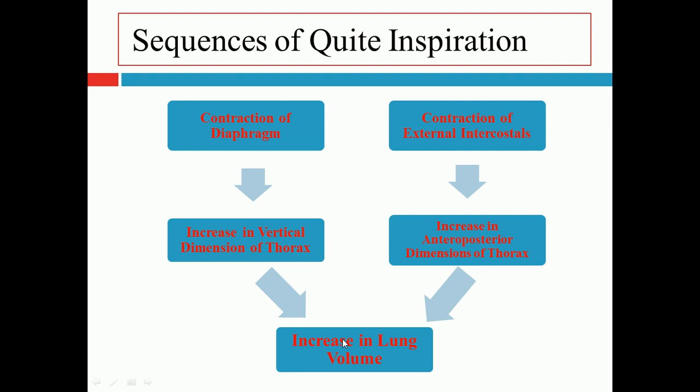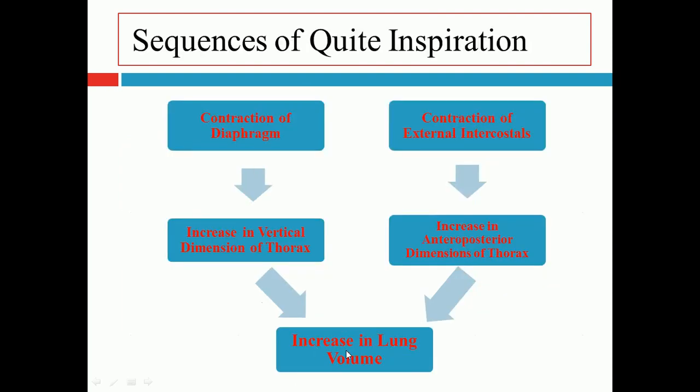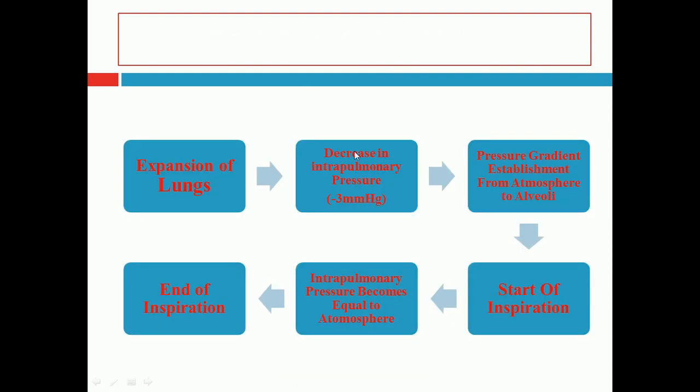Both of these cause increase in lung volume. The lungs will expand. Once the lungs are expanded, here increase in lung volume, decrease in intrapulmonary pressure. Now the space is greater than the air, that is -3 mm of mercury.